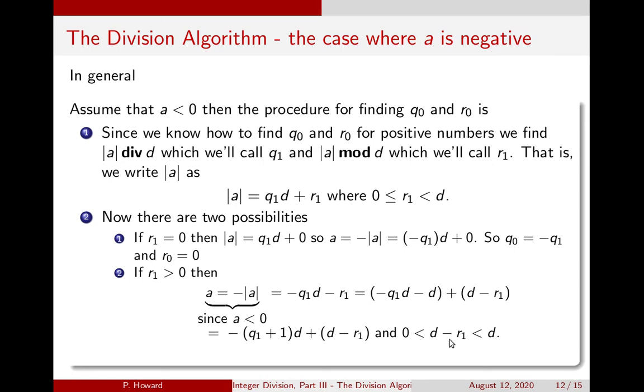And d minus r1 will be in the correct range. R1 is smaller than d and greater than 0. So d minus r1 will be between 0 and d. So the q0 that works for a, the original negative number, is minus q1 plus 1, and the r0 that works is d minus r1.